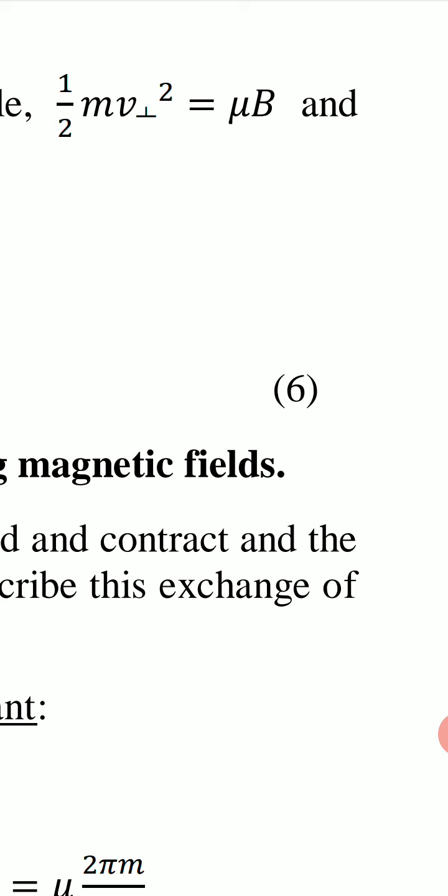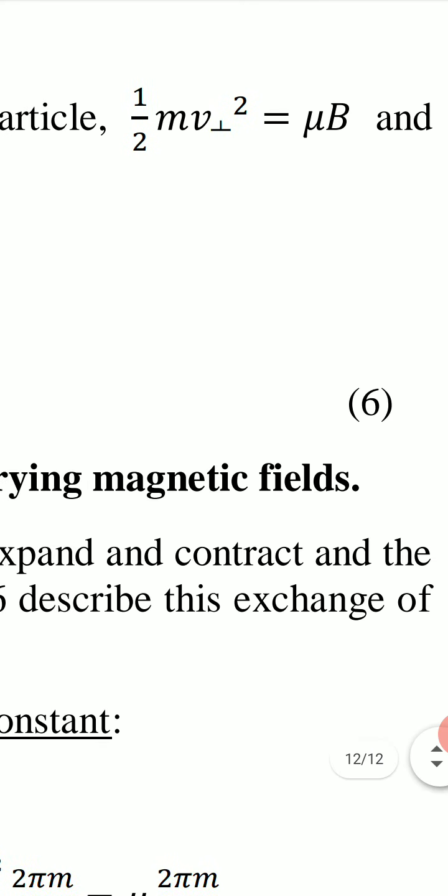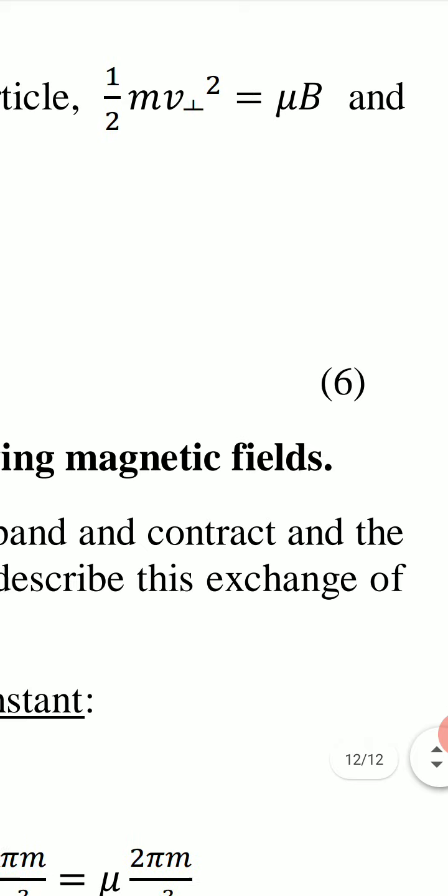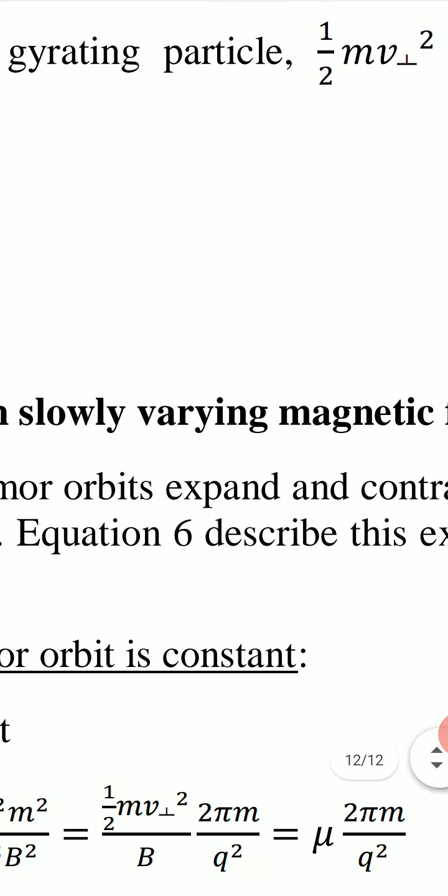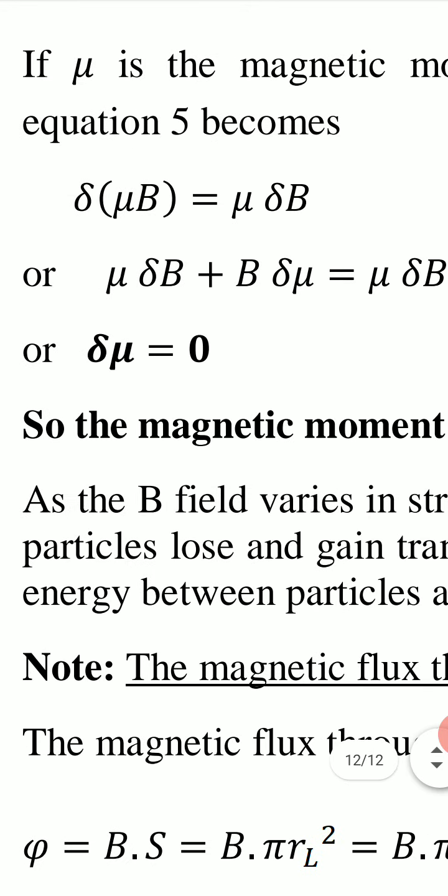On the left hand side it is the kinetic energy, half m v perpendicular square, and on the right hand side it is the magnitude of that potential energy, mu b. So half m v perpendicular square is equal to mu b.